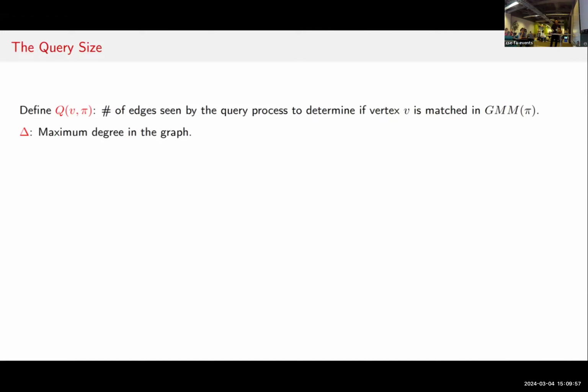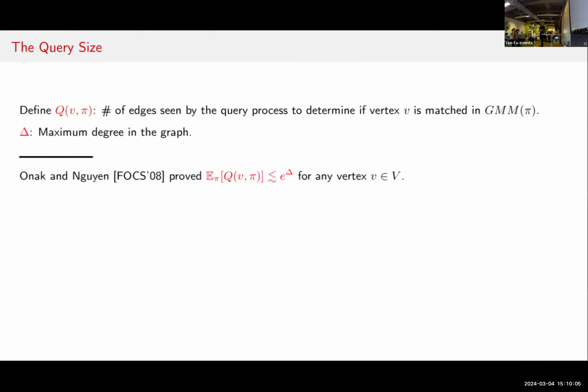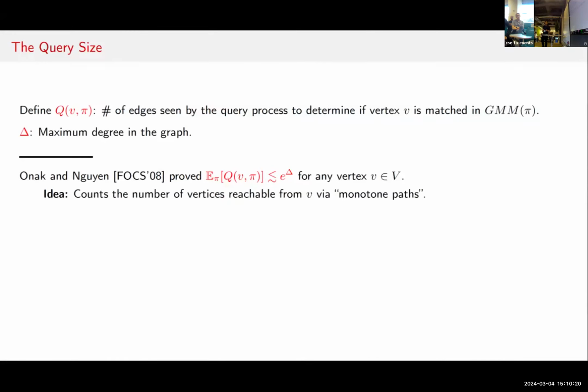So already in the paper, Onak and Nguyen, who introduced this recursive query process, showed that the expected value of Q is upper bounded by e to the delta. So it's not impressive if delta is large, but if delta is constant, you explore only a constant size subgraph and tell if the vertex is part of the matching.